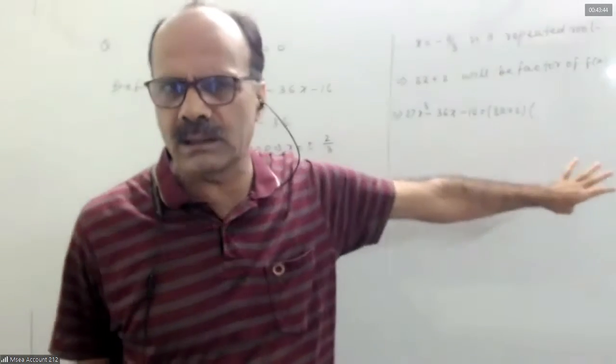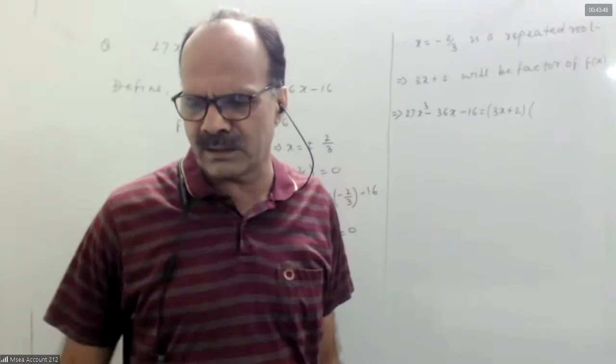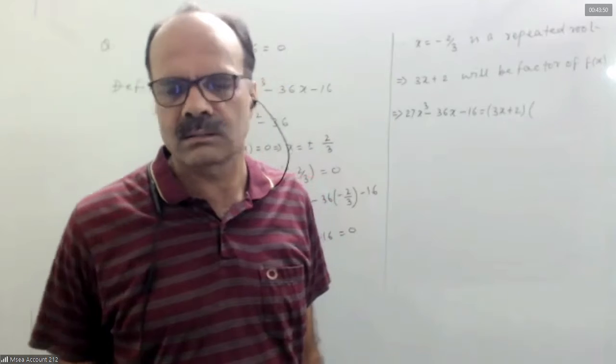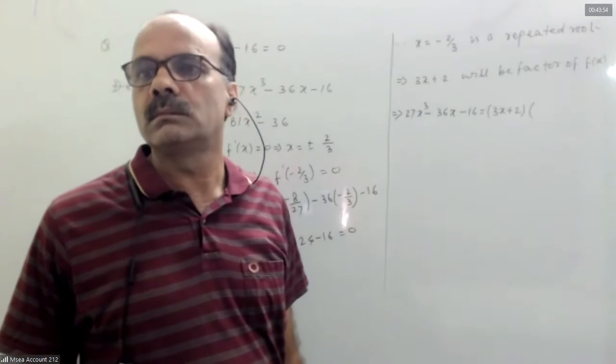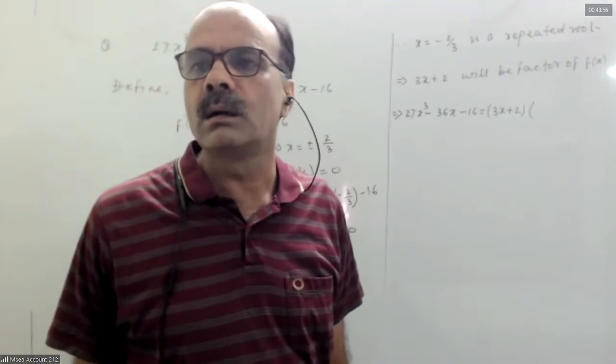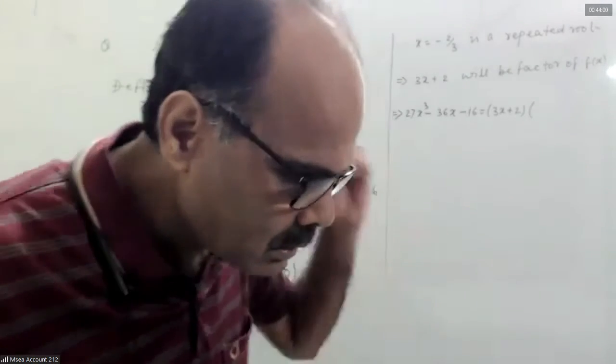Without dividing, without synthetic division. In AP Telangana they use synthetic division; I never used that. Sir, can we do this problem using the sum of roots or product of roots method?